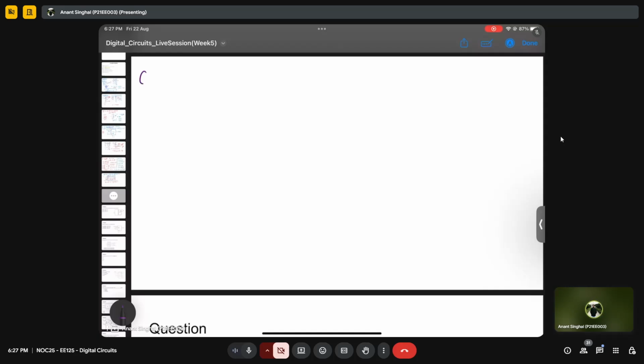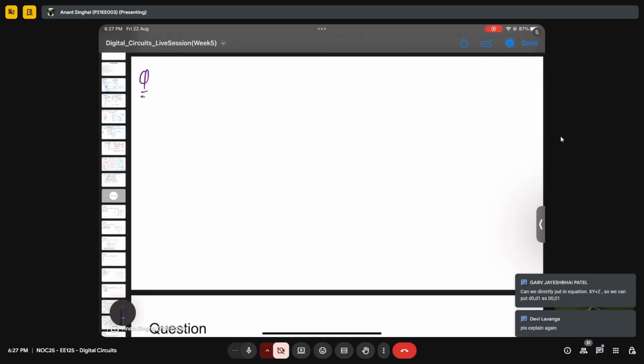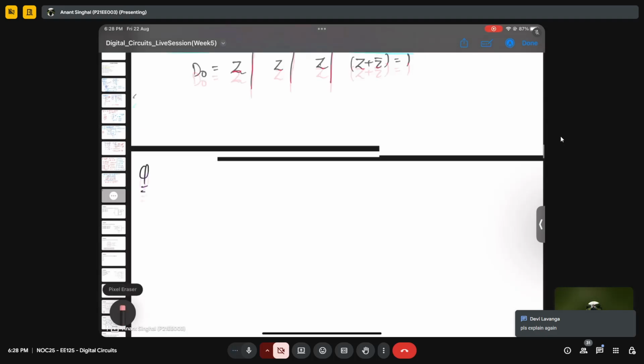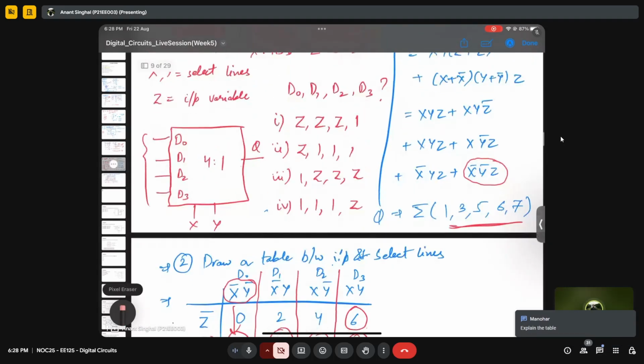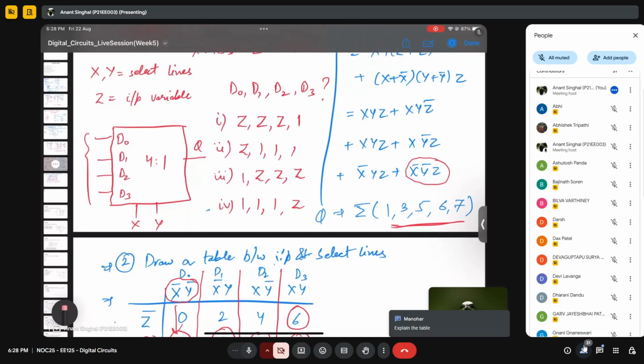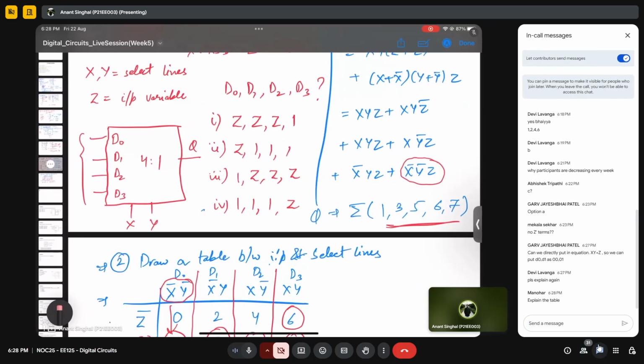Okay, let's try out this also. So it is actually a 4 input, so we do not have a 2 input mux, so we cannot write D0 as 0 0 and D1 as 0 1.